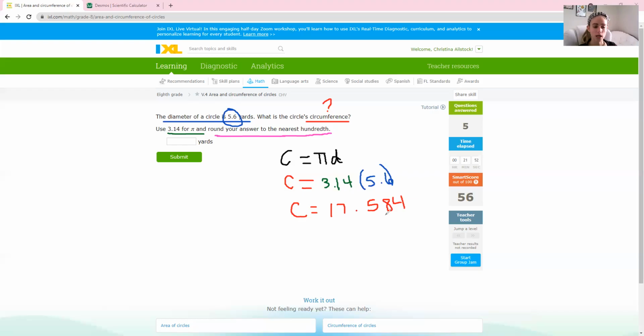So if we want to round to the nearest hundredth, the second decimal place, you look at the number that follows it, and that will identify whether you round up or round down. It's a 4, so 4 and below, you round down, 5 and above, you round up. We're going to round down, meaning our circumference is 17.58 yards.